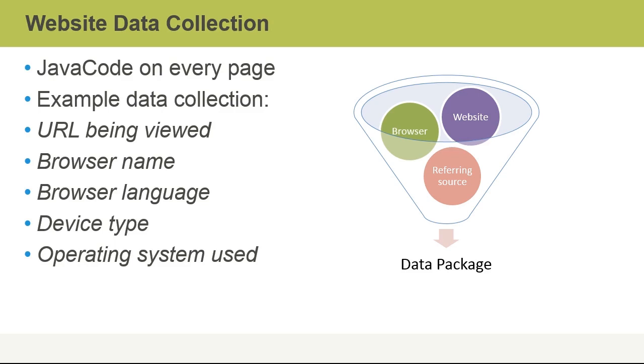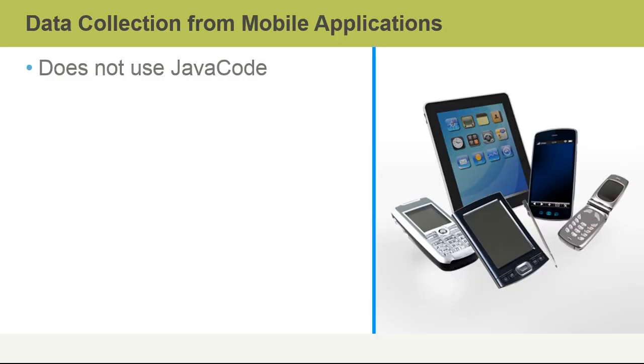Once a user arrives at your web page, the JavaScript code starts to collect pieces of information about how that user navigates through your website. Some of the information that it can collect includes the URL, what web browser you're using, what language your web browser is in, the device type that you're on, operating system, and more.